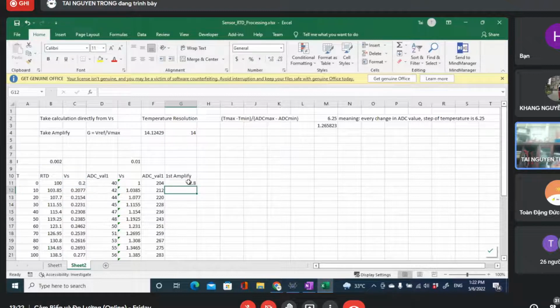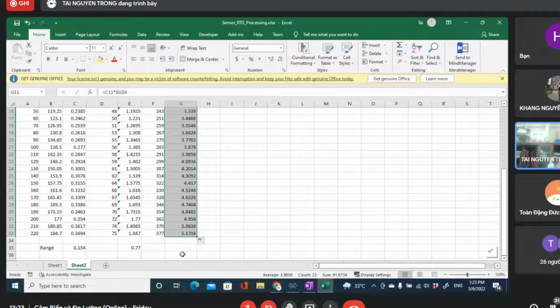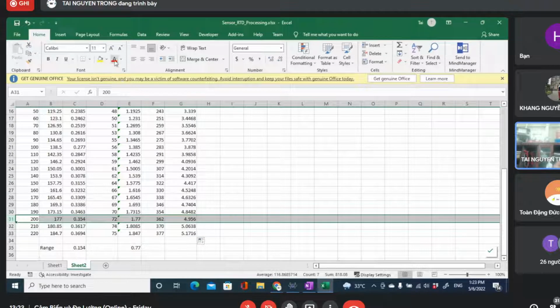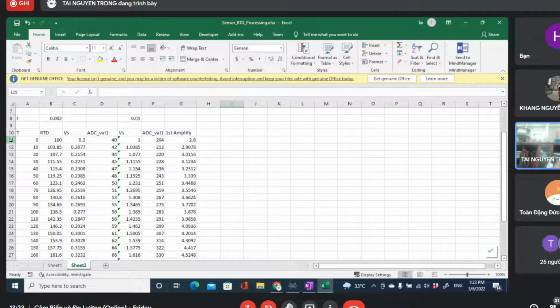Okay, and in this case, if we amplify 14 times, the voltage at 0 centigrade degrees is 2.8, and the voltage at 2 centigrade degrees is equal. Okay, the minimum and the maximum range.